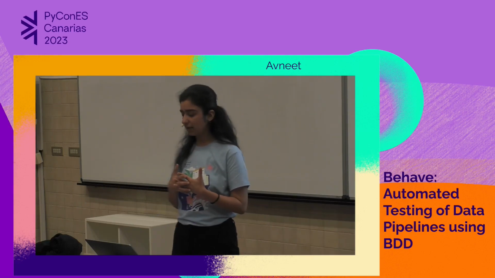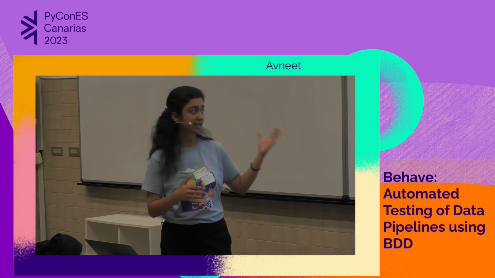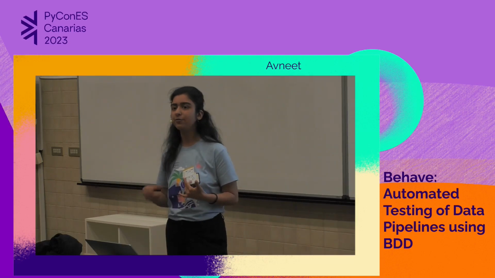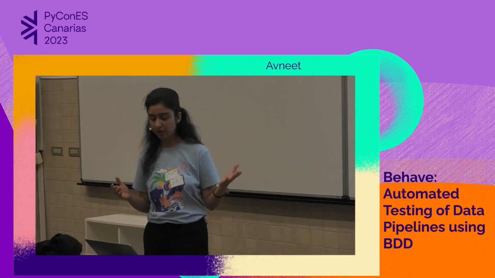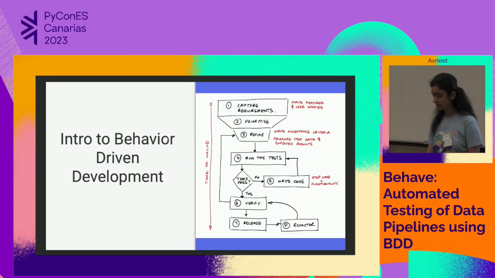So once we have defined all of these features, and once this entire cycle has been implemented once, we keep on doing it for every subsequent release. This was a short intro to how the behavior-driven development cycle works.